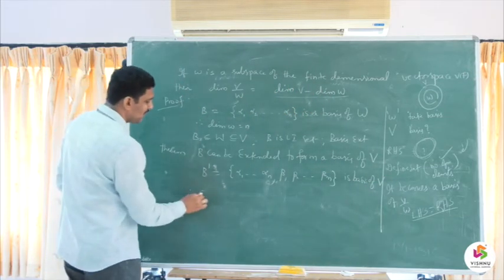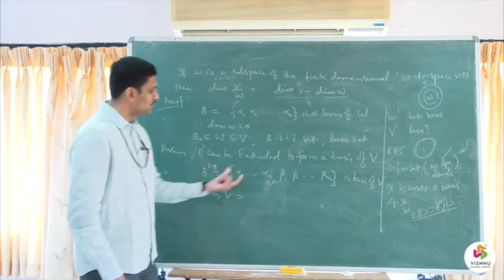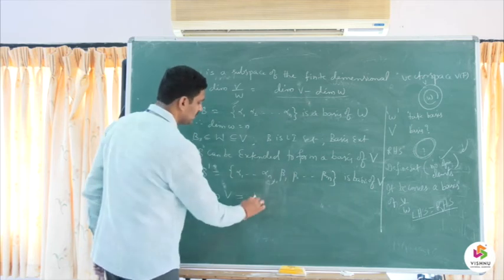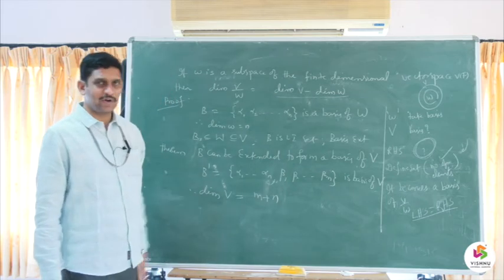Therefore, what is dimension of V? Here alphas are n in number, betas are m in number. So this is a total of m plus n elements. Again check out the procedure I did.